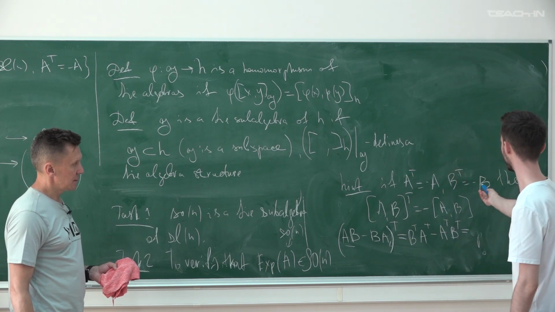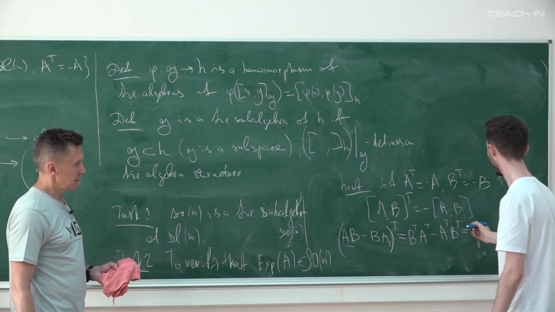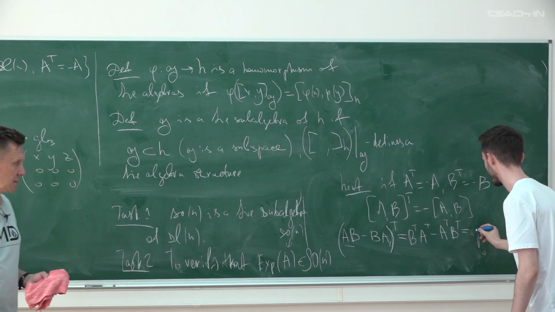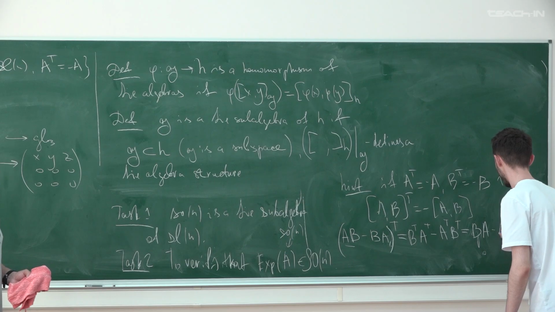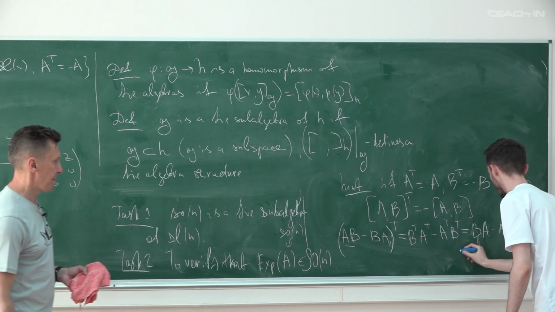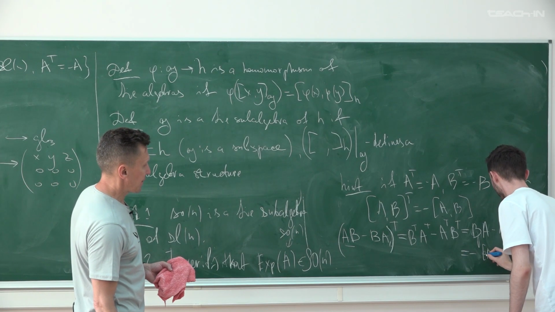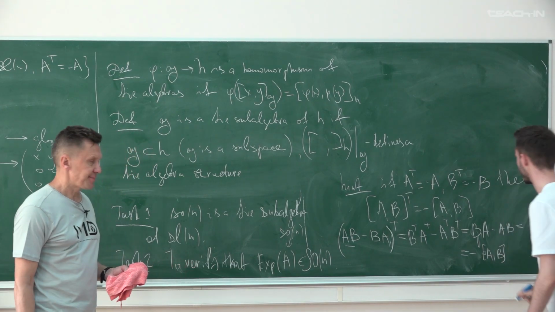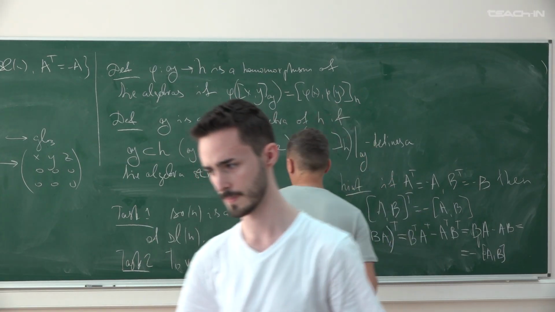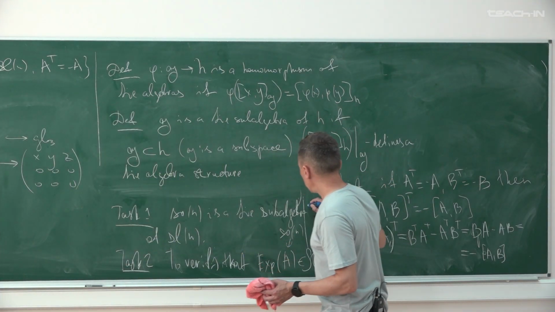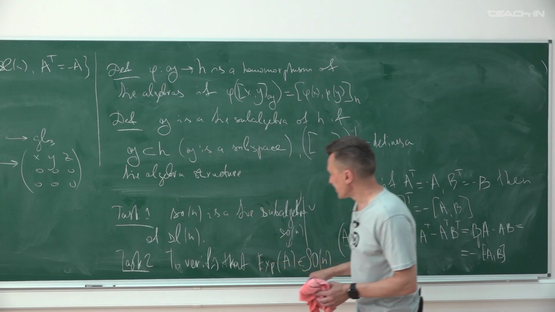Then we use these facts. So it's just BA minus AB, which is minus the commutator. Very good. Very simple, very good. Thank you very much. Done.